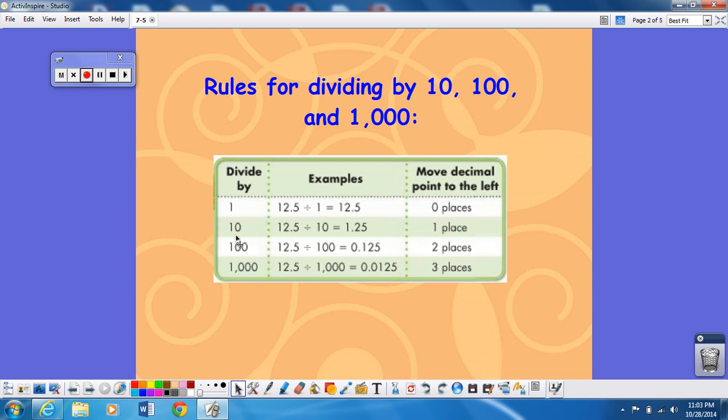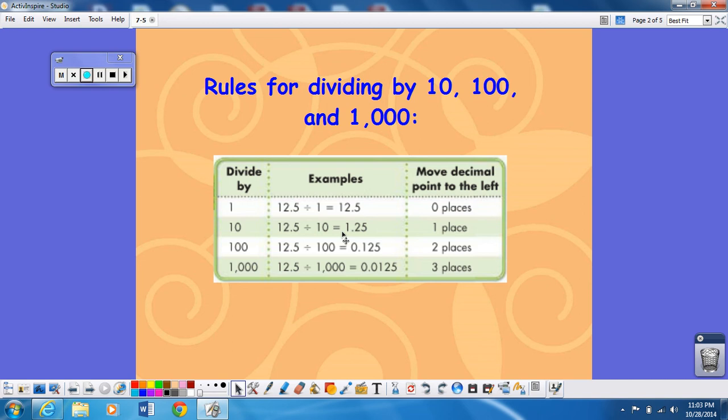But let's look at 10. 10 has 1 zero. And so what we're going to do to divide by 10 is move that decimal point to the left one place. Remember, with multiplication, we move to the right, because when you multiply, you're making numbers larger. When you divide, you're dividing them out into smaller parts, so you're obviously going to have a smaller number.